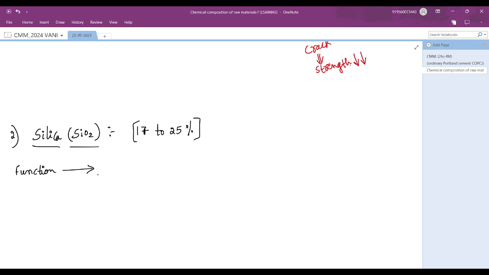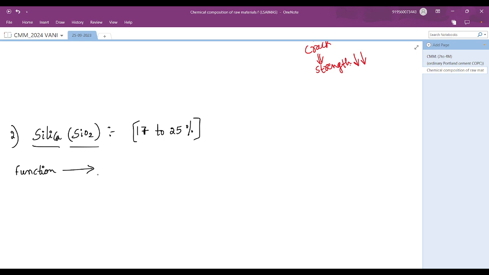As of now, we are discussing the required chemical composition that should be present in the raw materials of the cement. But after manufacturing also, we'll discuss the constituents of the cement, that is, the constituents present in the clinker. In the clinker, there is Bogue's compound.